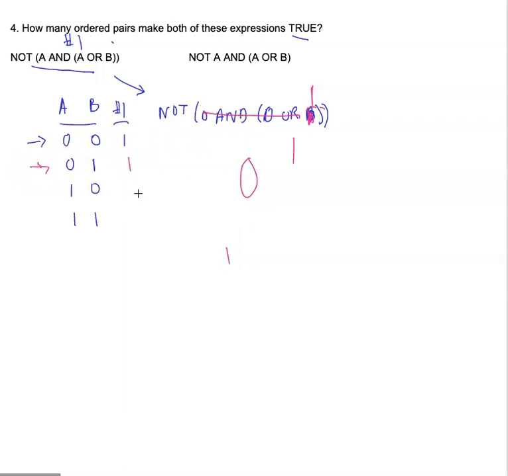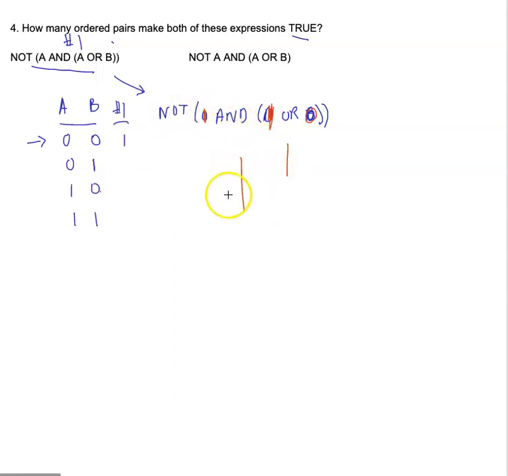So this does indeed work for expression 1, it's true. And I plug in the next pair, 1, 0. In that case, I would have a 1 in here for this A, a 1 for this A, and a 0 here for the B. 1 plus 0 is 1. 1 times 1 is 1.